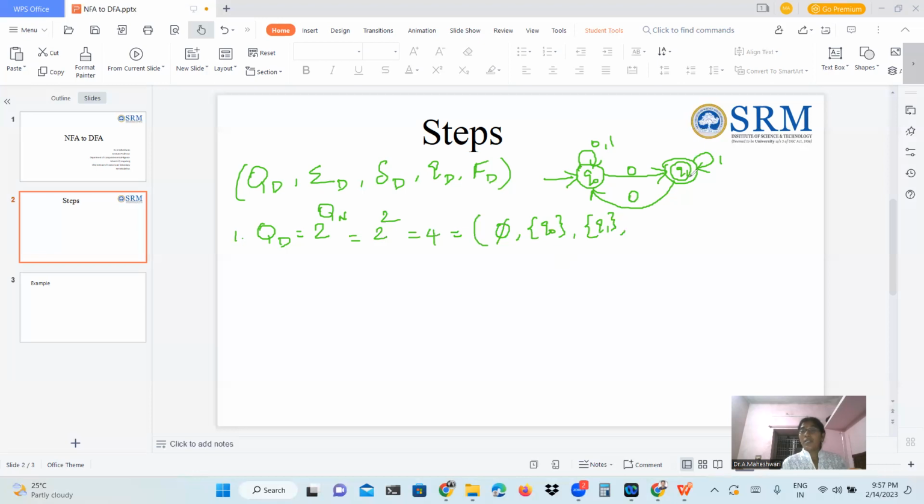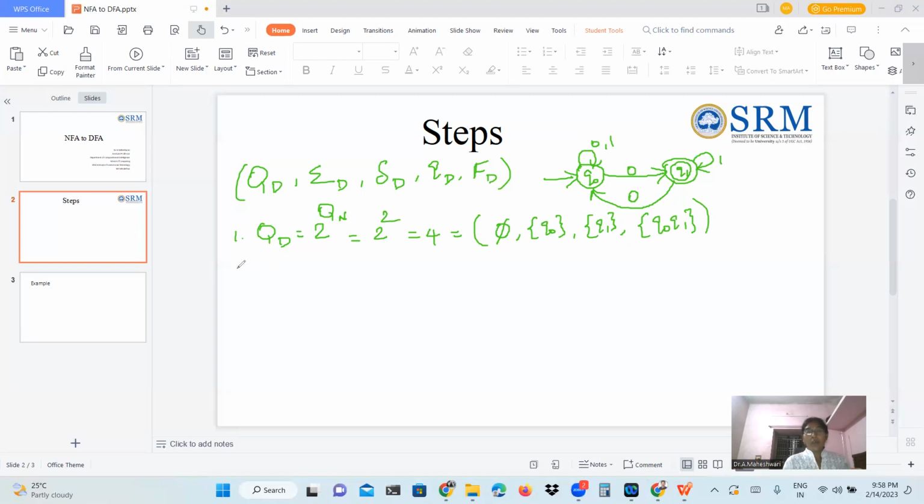Now the double combination: Q0, Q1 together as a single state. That's it. How many states do we want? Only 4, right? 1, 2, 3, 4, including the null state. Now we have only 3 other states: Q0, Q1, and Q0, Q1 together, which is considered a single state.